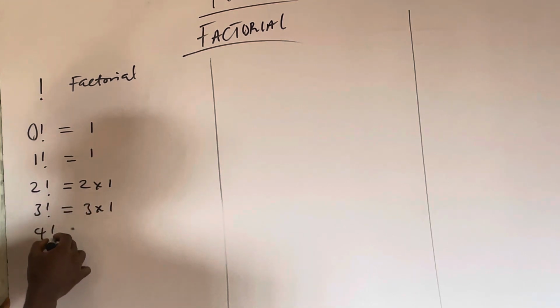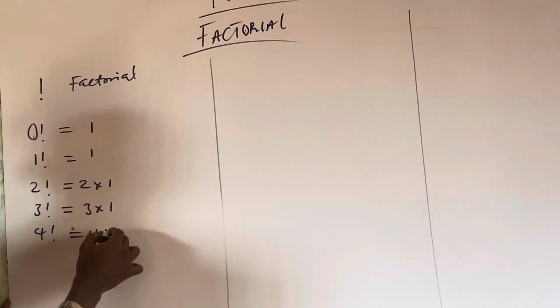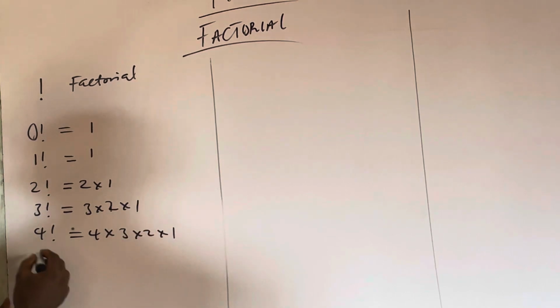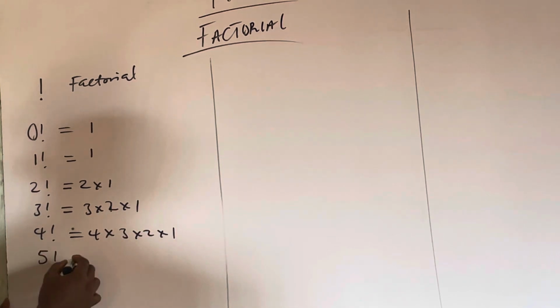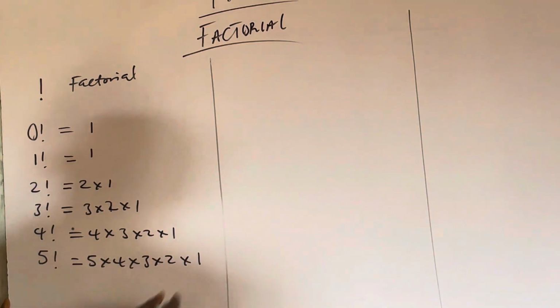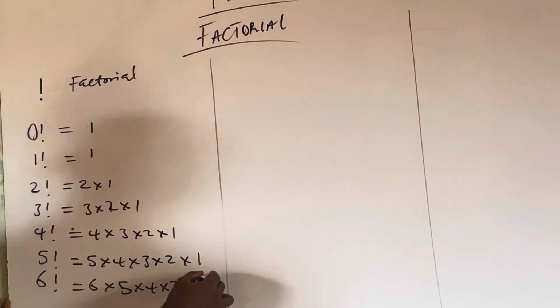We have 4 factorial. This is equal to 4 times 3 times 2 times 1. 5 factorial is equal to 5 times 4 times 3 times 2 times 1. 6 factorial is equal to 6 times 5 times 4 times 3 times 2 times 1.